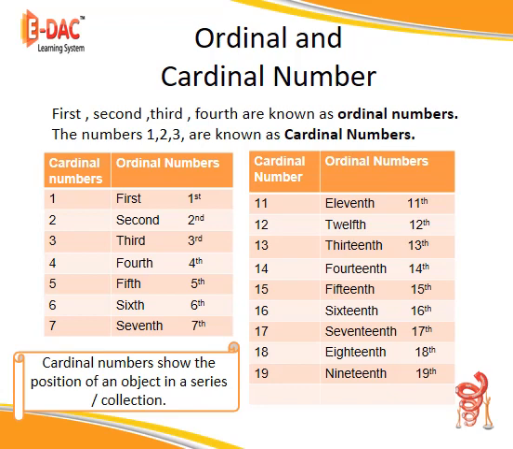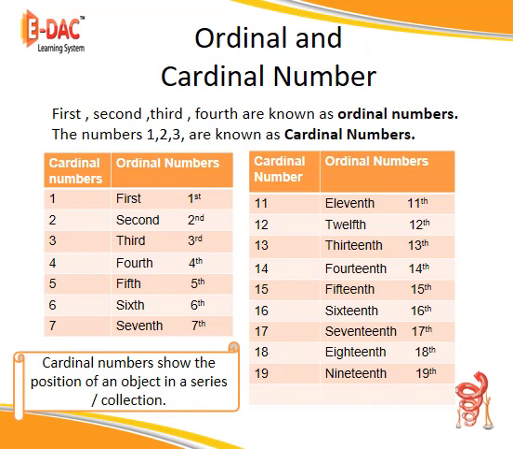When we call 2 as second, this is an ordinal number. The numbers which are called 1, 2, 3 are known as cardinal numbers. These numbers are written in their symbolic form only.